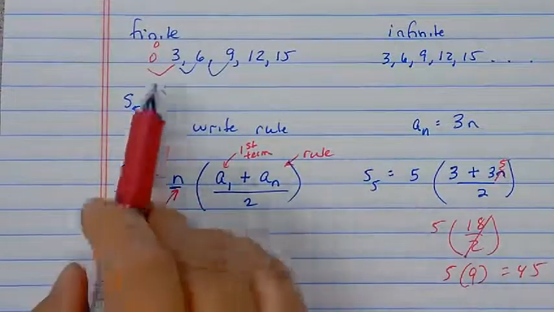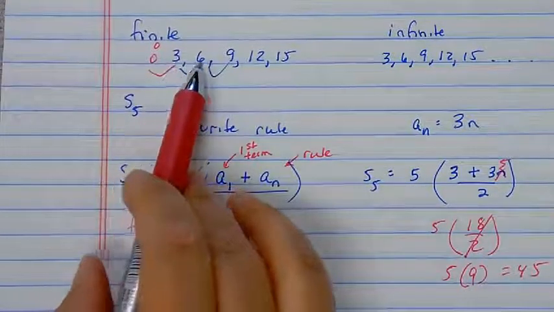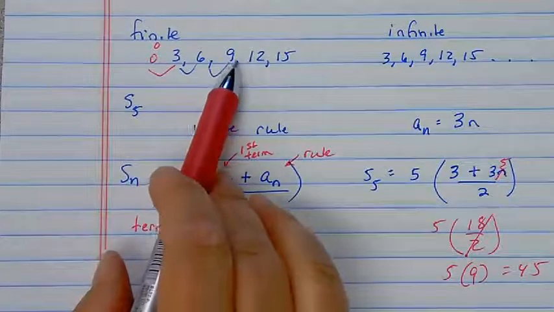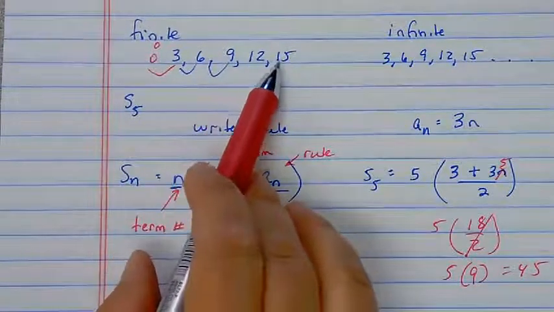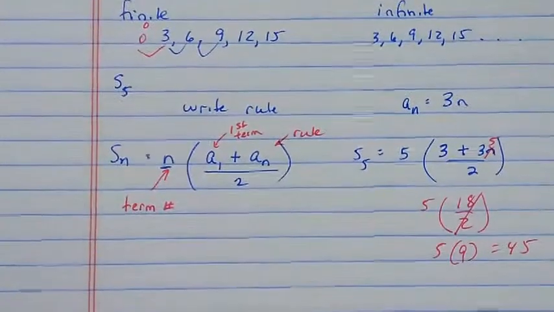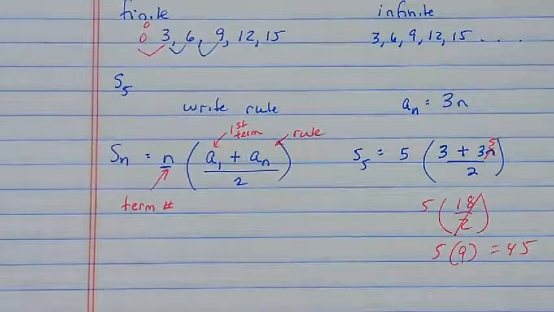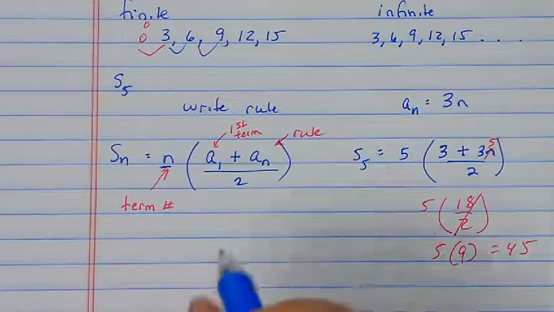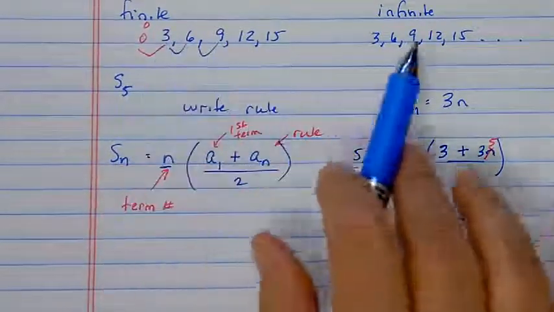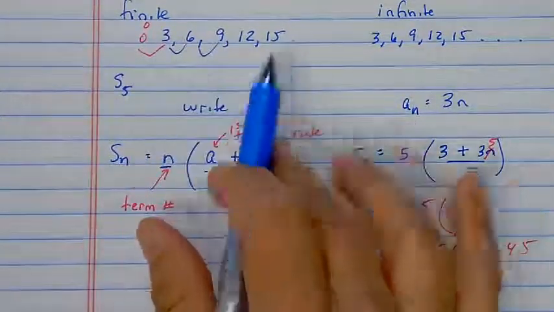Let's see if that's true. 3 plus 6 is 9, 9 plus 9 is 18, 18 plus 12 is 30, plus 15 is 45. So you can see how this rule gives us the sum of the first 5 terms. We could find this for anything. Let's say I wanted to find the sum of the first 50 terms of this sequence.